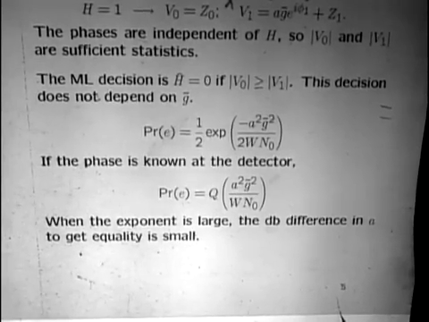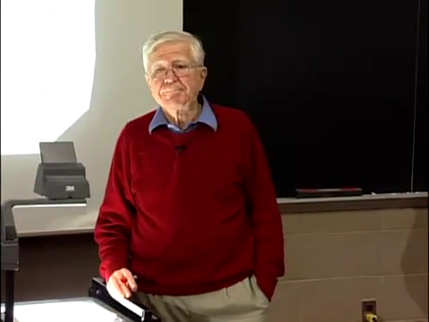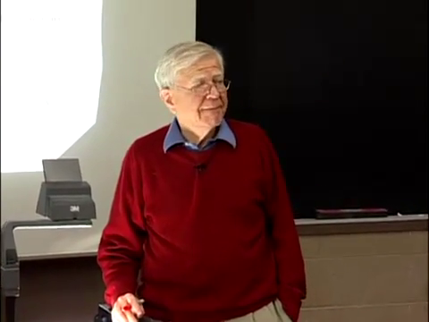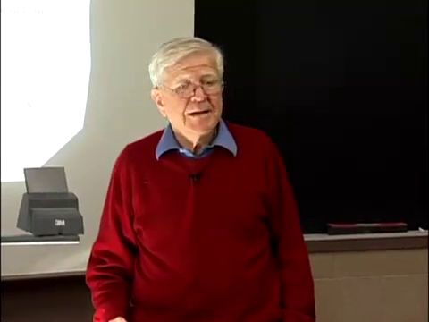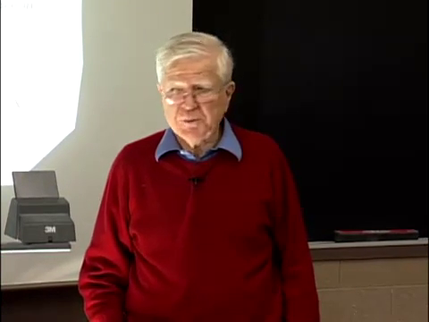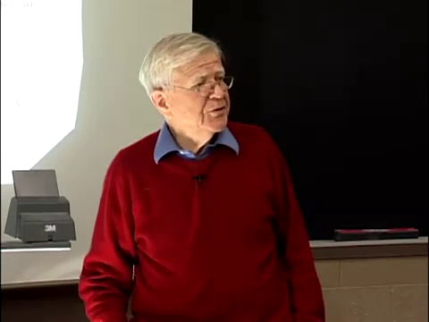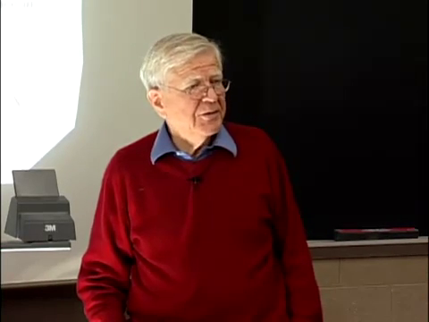Okay, so now we have to stop and think. What do you do about this? Well, you have two general kinds of techniques to use at this point. Okay, and one of them is to try to measure the channel at the receiver.